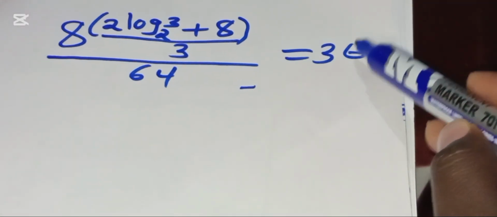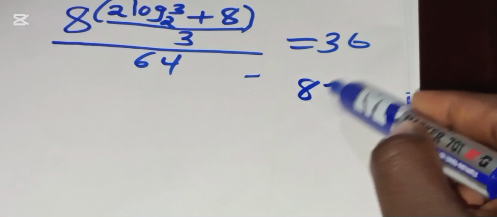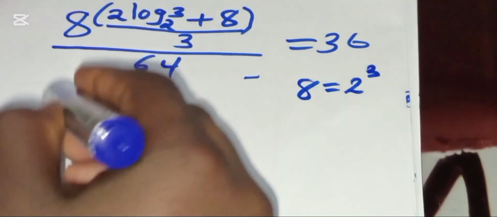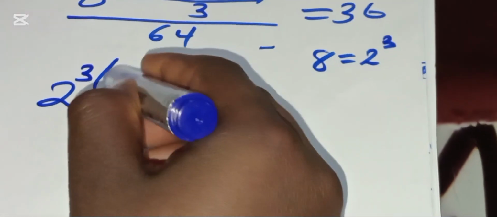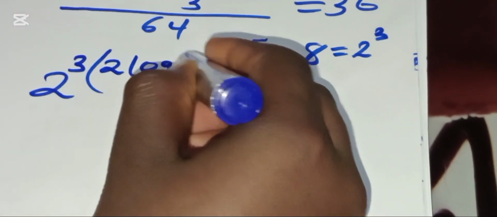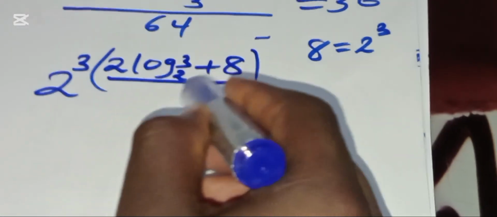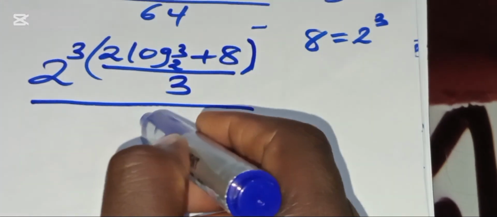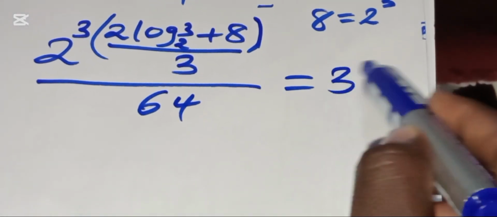This is supposed to give us a value of 36. Now we can write this 8 as 2 raised to power 3. So let's substitute this. We'll have 2 raised to power 3 into the parentheses, 2 log 3 to base 2 plus 8, divide everything by 3. And again divide this by 8 squared, which is 64. This is supposed to give us a value of 36.